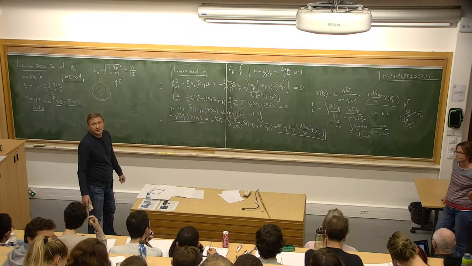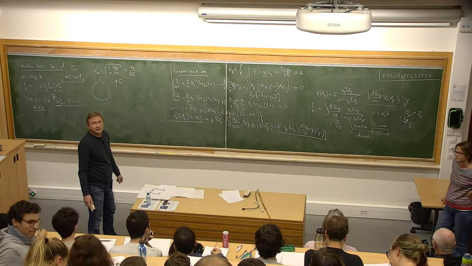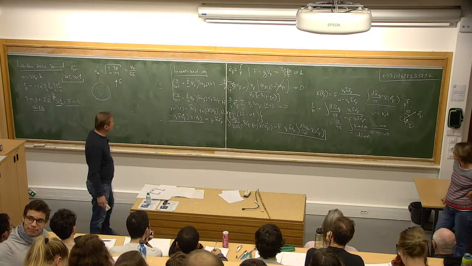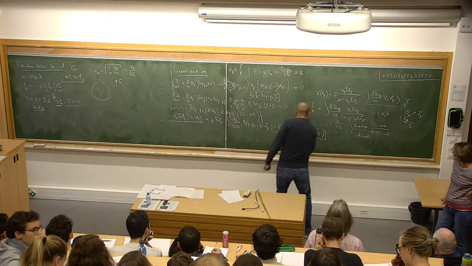Could you please get more into detail on what is the reason for the step? Because in the next equation there is no chi anymore. So how do you get rid of this function? What's the logic behind that?